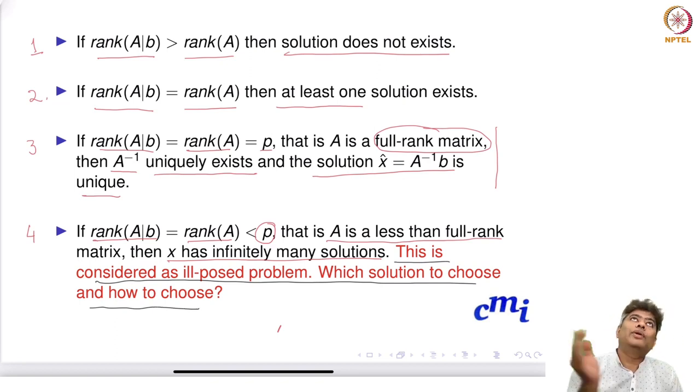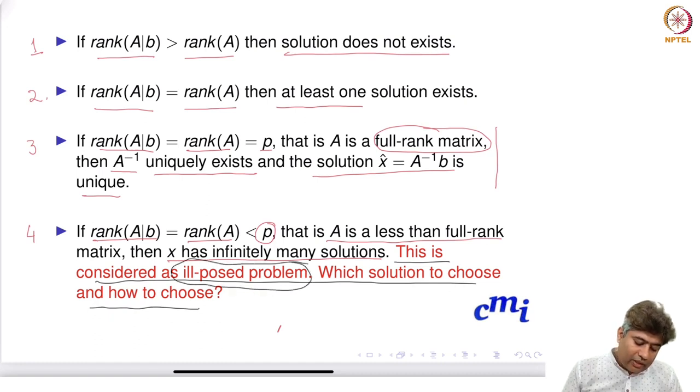Effectively you are saying that every possible value on the real line could be a solution, and that is not really helpful. This kind of situation is called an ill-posed problem, and we will often face these ill-posed problems.